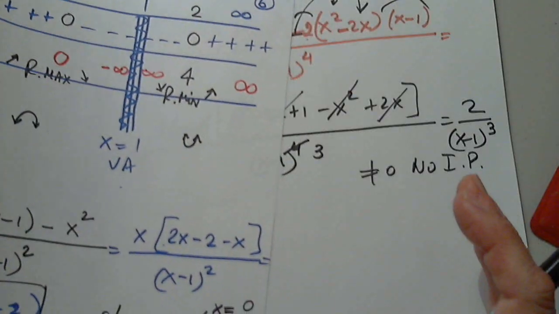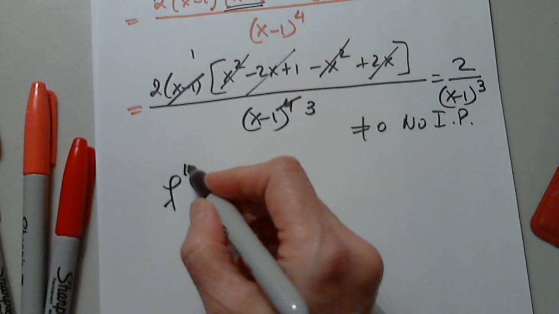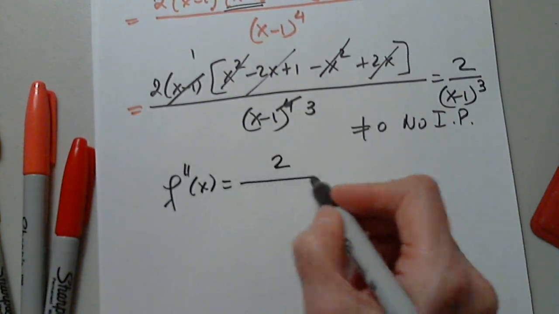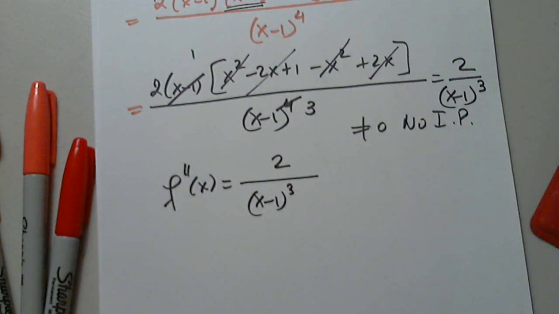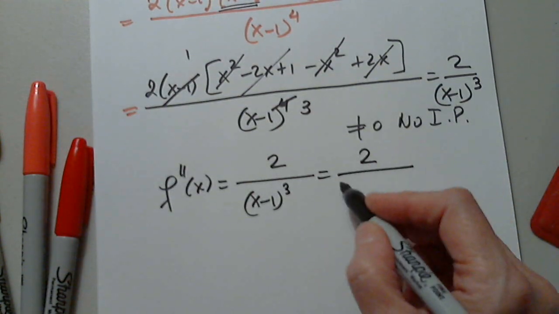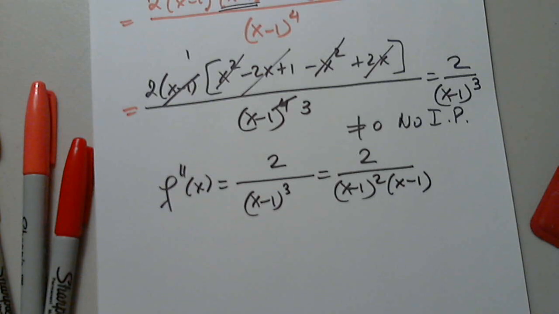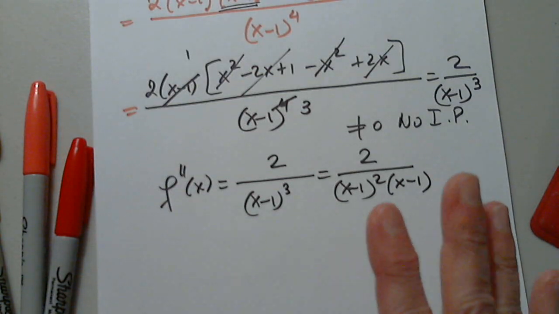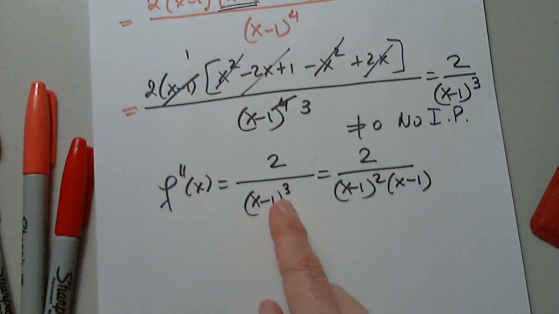But I have to study the sign. So here is, in my mind, how I study the sign of this. Yes, you can plug it in the graphing calculator, but why? Let me just show you that little trick that I'm using. 2 over x minus 1 squared times x minus 1. You don't have to write this, but just bear with me. 2 plus 1 is 3.